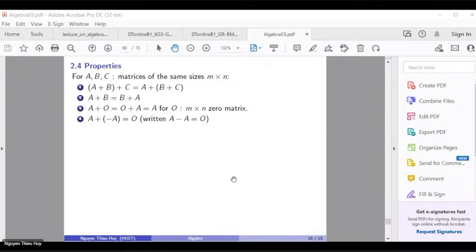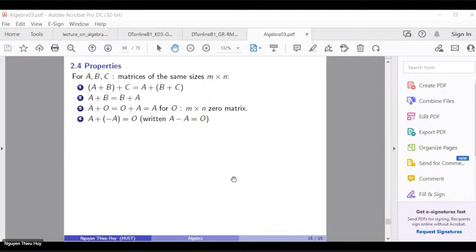This is our convention: when the binary operation is written as addition, the neutral element is called the null element, right? And the last property: every A will have an opposite, negative A, such that A plus negative A equals 0.